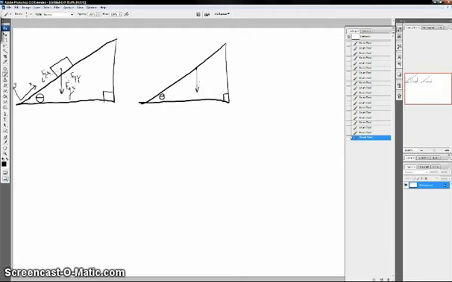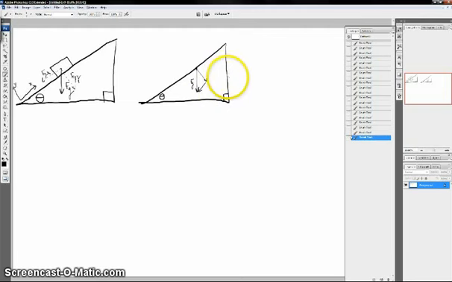Okay, so that's the force of gravity. Now I'm going to do the y component of the force of gravity, which we said was perpendicular to the surface of the incline. And then I'm going to add the x component, which we said was parallel to the surface of the incline.